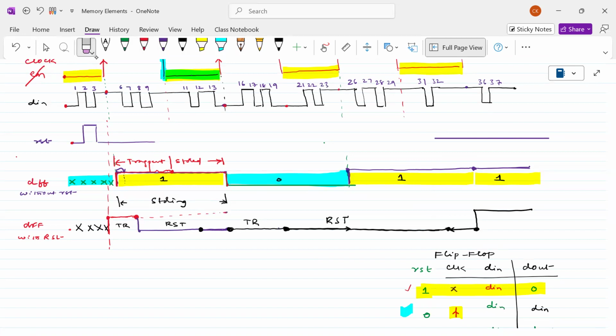Okay, let it be like that. The last concept on this is called synchronous reset. Last one is called synchronous reset. Just for 2 minutes.